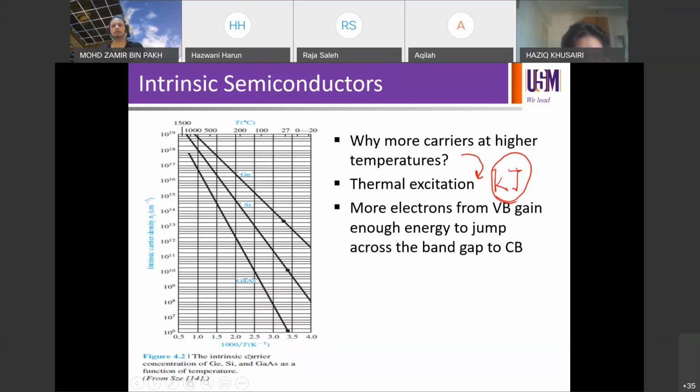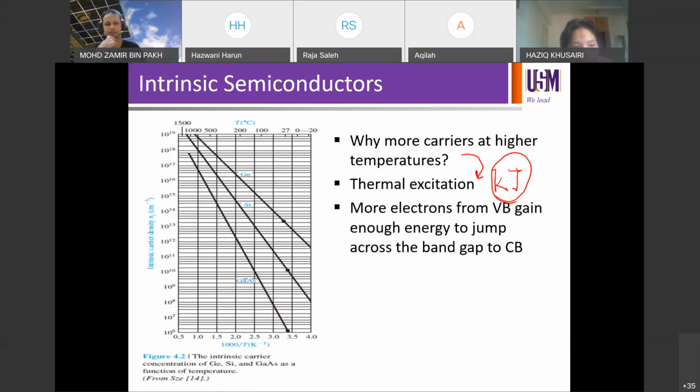If you increase the temperature of your silicon, you go to the left, right? Because it's the inverse of temperature. If you increase your temperature, your denominator becomes bigger, so 1000 over the bigger denominator becomes smaller. So if you increase your temperature, you're actually going to the left.